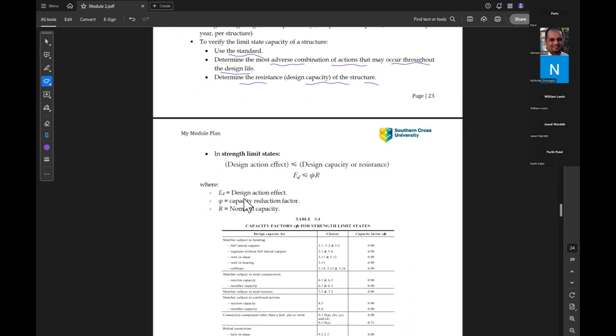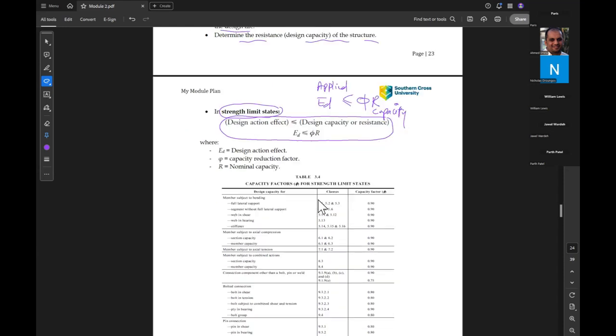This is the general rule of the strength limit state: the design action effect is less than the design capacity or the resistance of the structure. So E_d, the applied load, is less than phi R. Phi R is the capacity.